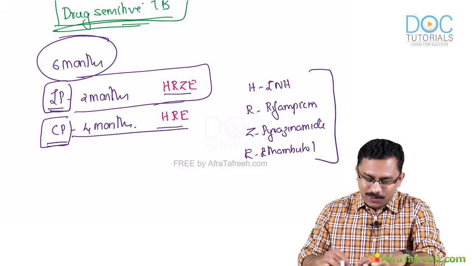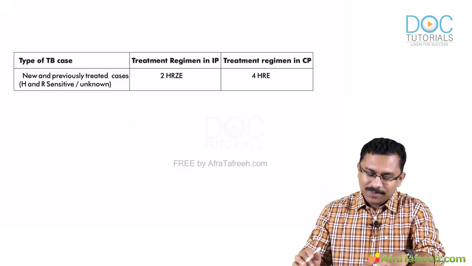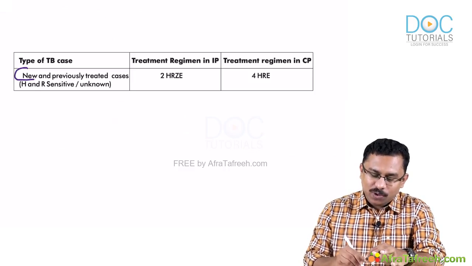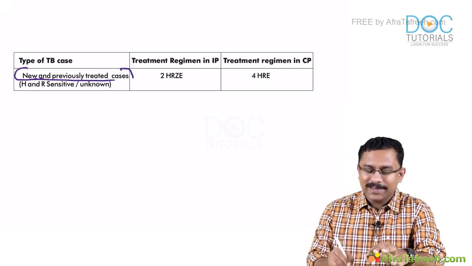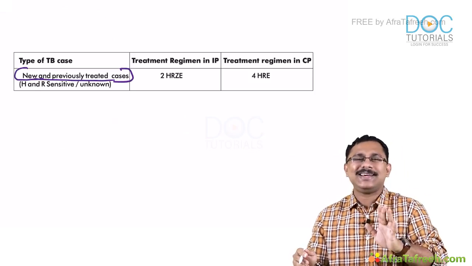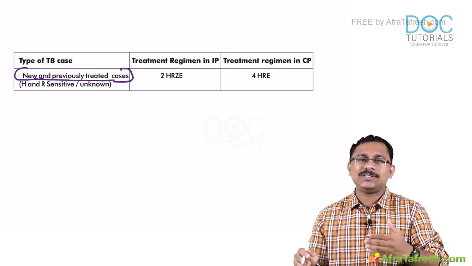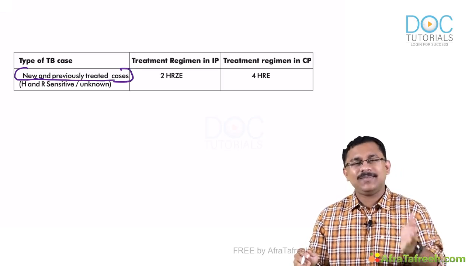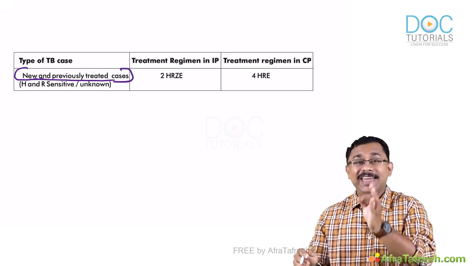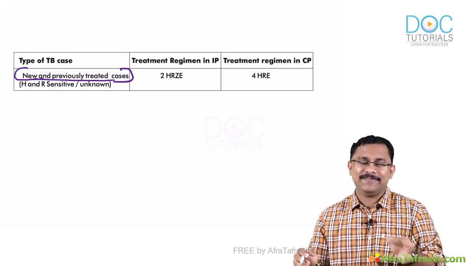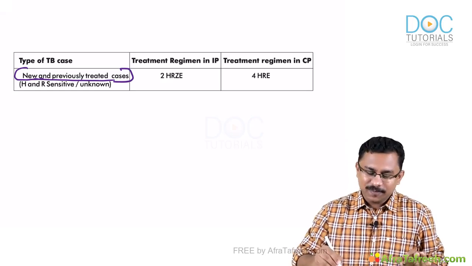Now you see this is the regimen. This applies to all new and previously treated cases. The only thing is that if it is drug sensitive, even if you are developing tuberculosis maybe for the 2nd or 3rd time, the treatment remains the same.